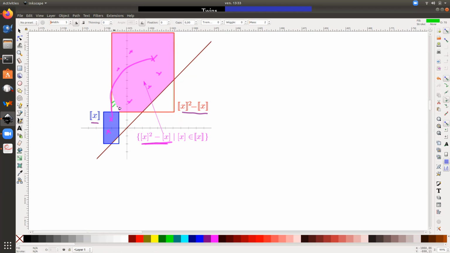So it means that if I take an interval here, I will not be able to find an interval here which is mapped by this function inside the green zone. If I apply the twin arithmetic on this twin, then I will obtain the red. So it is an illustration. I can see some pessimism due to this zone, but I still have the smallest one in this situation. But it is not always the case.